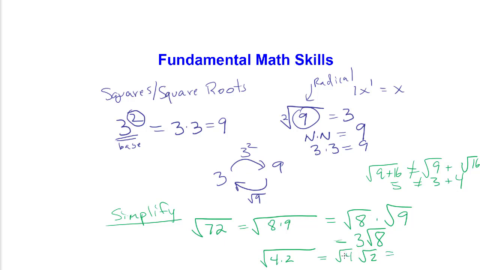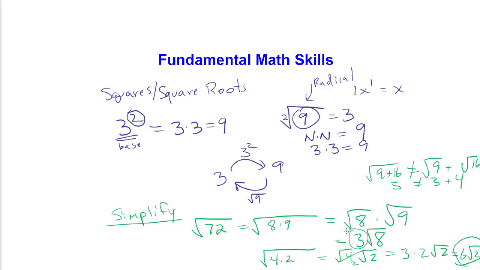So this becomes 3 times the square root of 8, which is 3 times 2 times root 2. The answer is simply 6 root 2. Oh, I see that answer. I didn't see the square root of 72, but 6 root 2 is among the answer choices. That's my answer. And that is how we simplify radicals and how we break apart radicals in multiplication and division, not addition or subtraction.